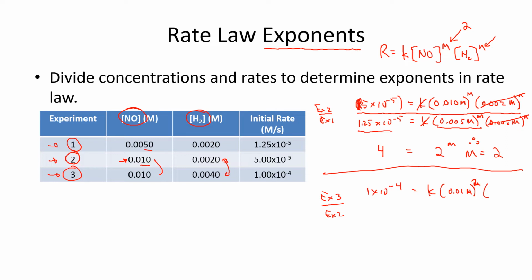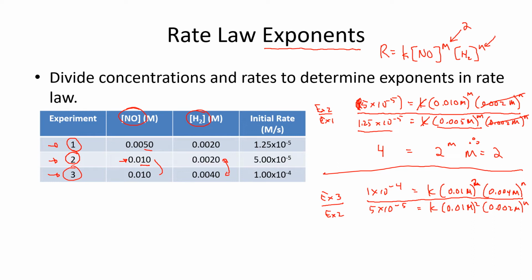And then we got the concentration of hydrogen, which is 0.004 moles per liter, and that's to the power of n. I'm going to divide that one by the other one, which is 5 times 10 to the negative 5, and that equals the same constant, and it's 0.01 moles per liter to the power of 2, and we've got 0.002 this time to the power of n.